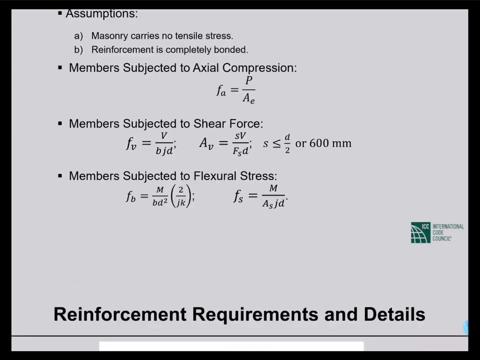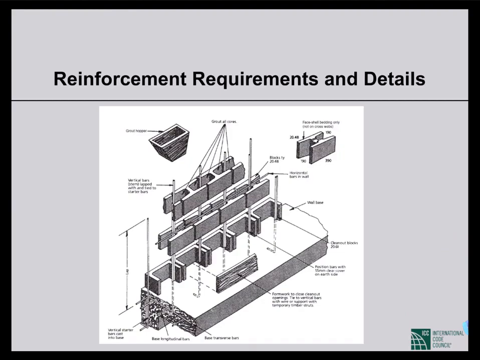Now, if we see how the reinforcements are placed, you can see that the vertical reinforcements are placed in the cells of the hollow blocks or hollow brick units, and the horizontal bars are placed along the groove of the hollow blocks.